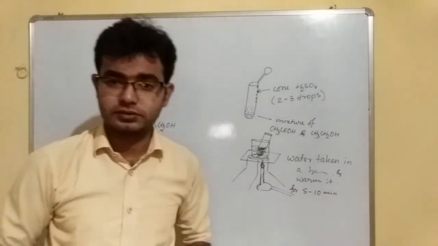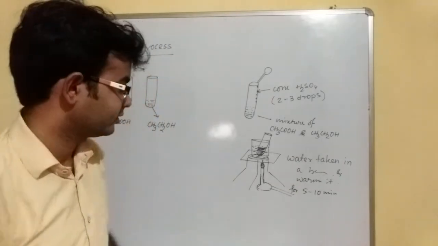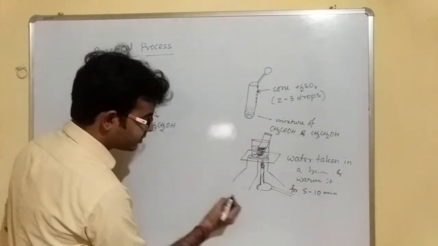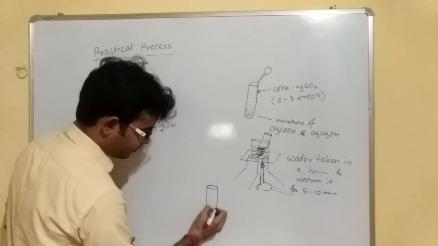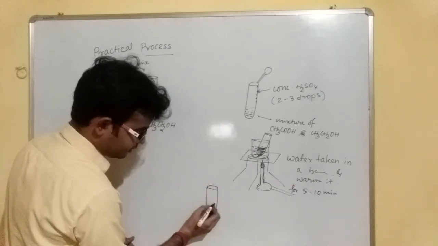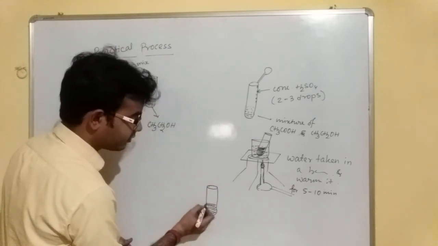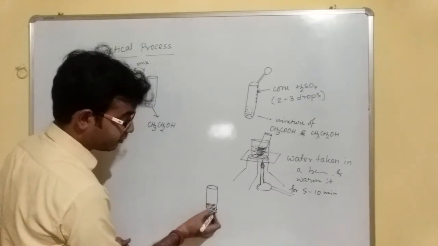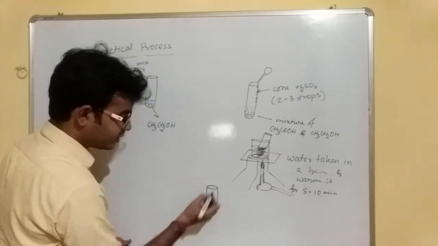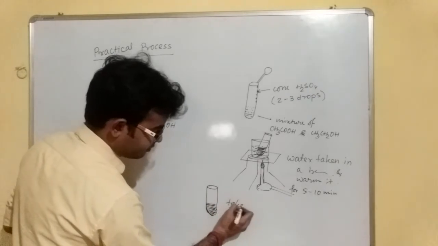What will observe after 5 to 10 minutes? अच्छा, इसको उसके बाद 5 to 10 minutes के बाद यहाँ पे निकालना होगा. Okay, this mixture is taken out from the burner, sorry, from the beaker. Okay, then we have to take the smell.